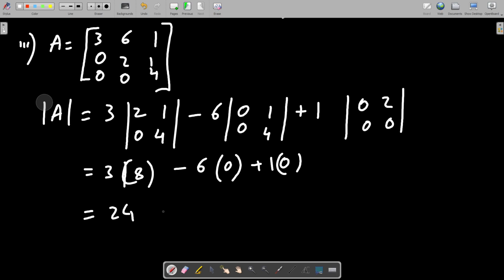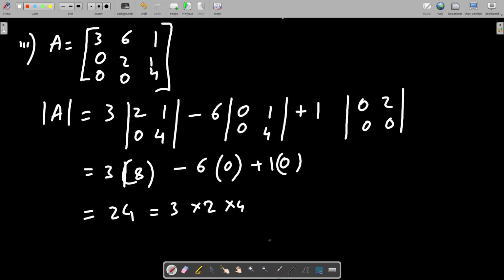Okay, now observe what has happened here is the contribution of this second and third term is 0 over here, right? So what is this determinant we have obtained here? The determinant is nothing but actually 3 into 2 into 4, which is 24 for you.